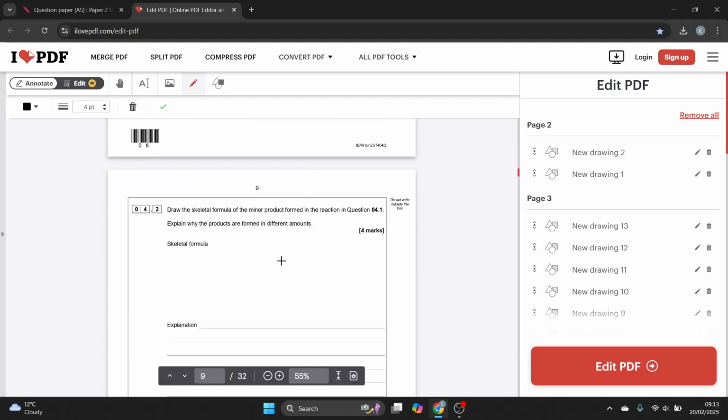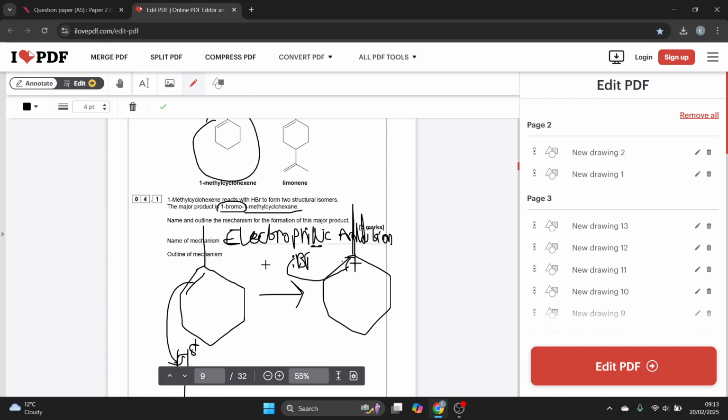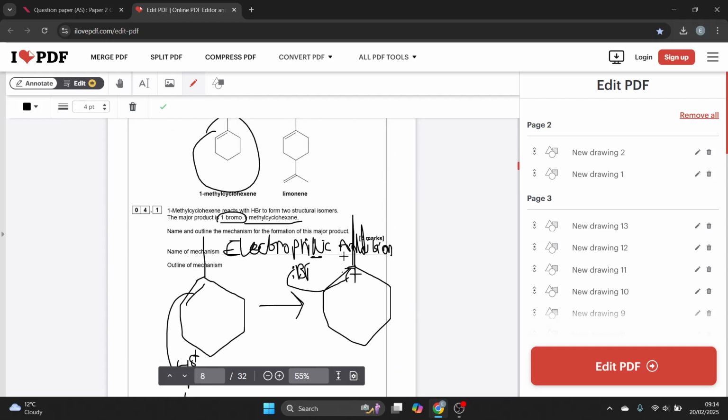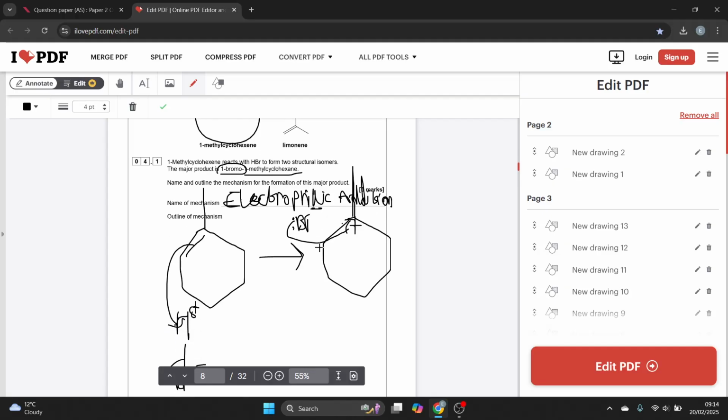Draw the minor product from the reaction in question 4.1. Well, the major product is where the bromine is attached to the tertiary carbon, which has 3 alkyl groups. The minor product is when the carbocation is here instead, because that's the only way you can do it.